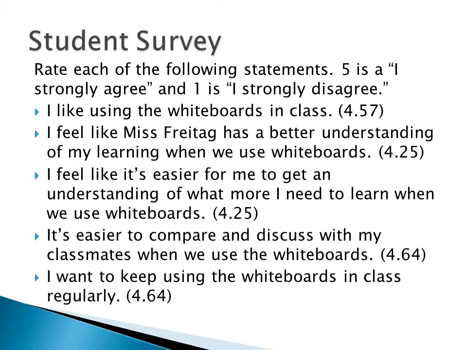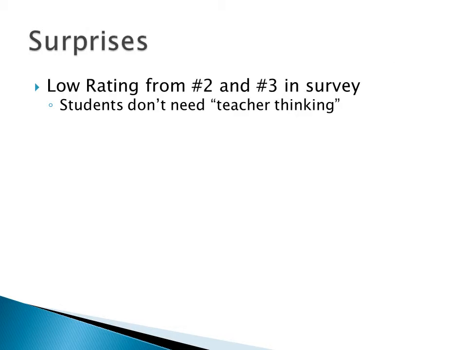I was kind of surprised about the low student rating for number 2 and 3, as those are such big components of the formative assessment. Number 2 was, I feel like Ms. Freitag has a better understanding of my learning. And number 3 was, I have a better understanding of where I'm making mistakes.